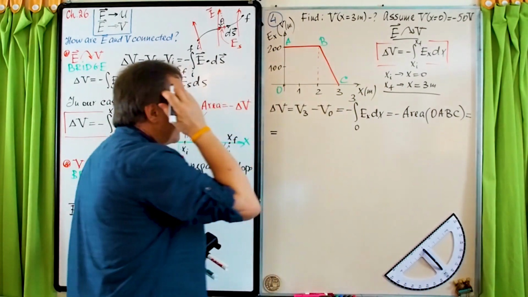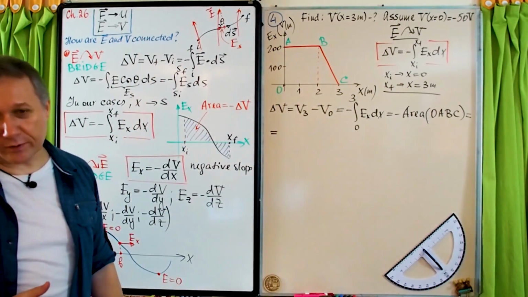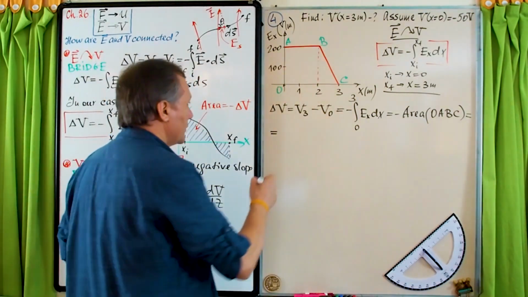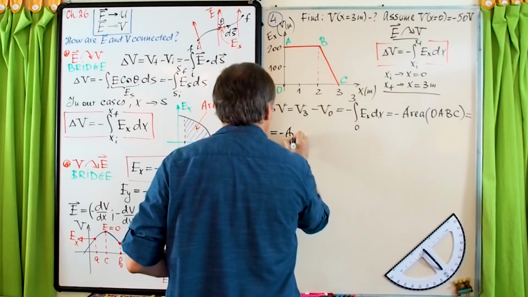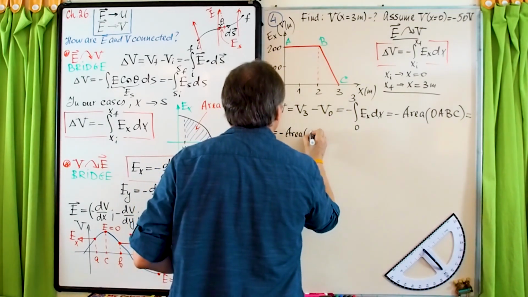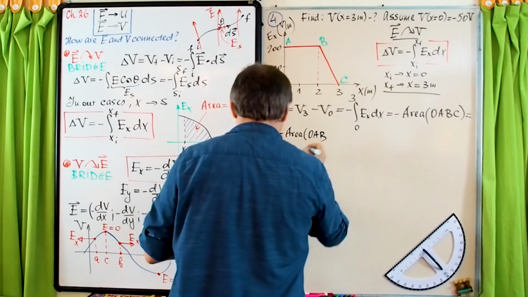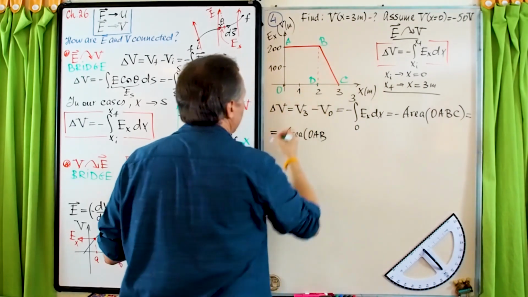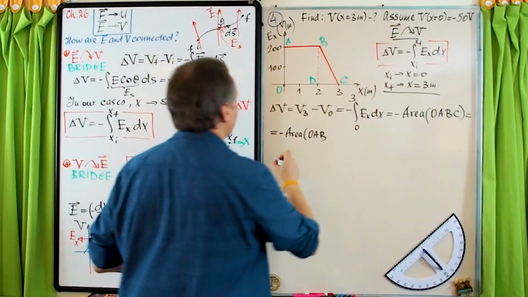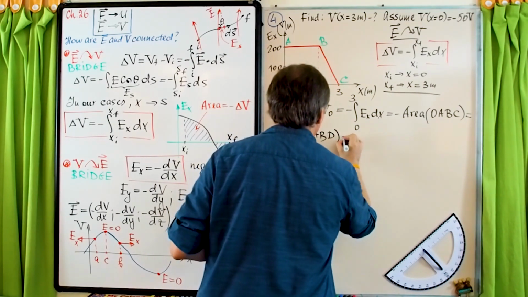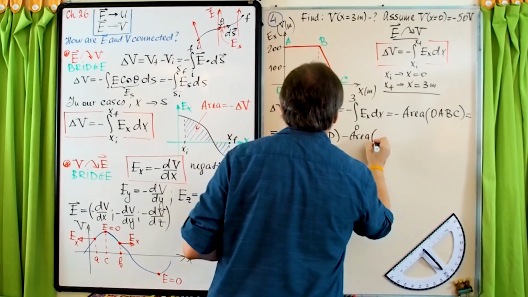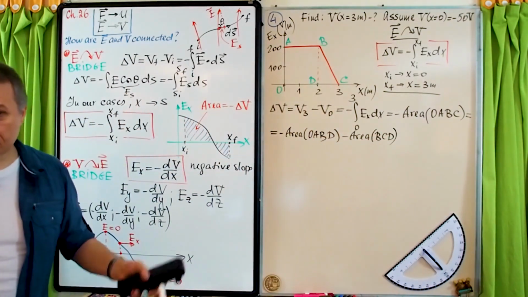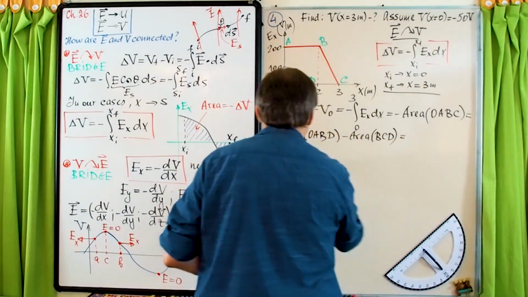Now, of course, you can use the formula for the area of a trapezoid, but I will just split it into two: a rectangle and a triangle. So it will be minus the area of OABD, let me label this point D, and minus the area of the triangle BCD.